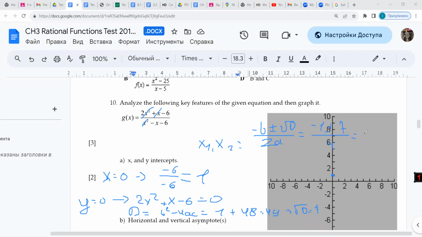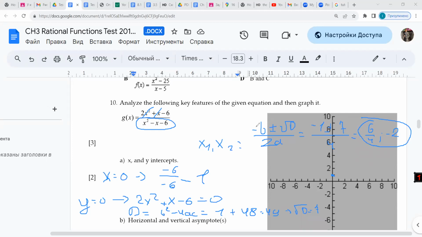So negative 1 plus 7 would give us 6 divided by 4, 6 over 4. And negative 1 minus 7 would give us negative 8. Negative 8 divided by 4 would give us negative 2. So these are potentially my two x-intercepts.